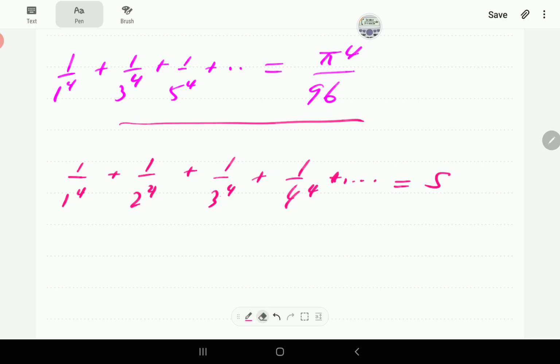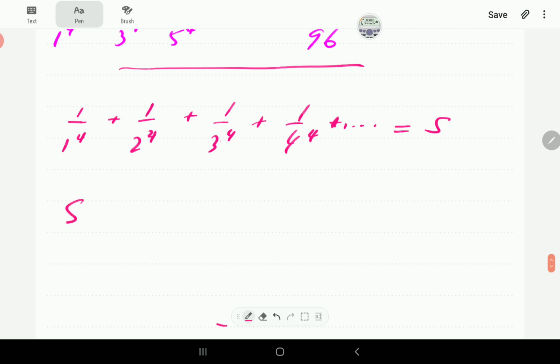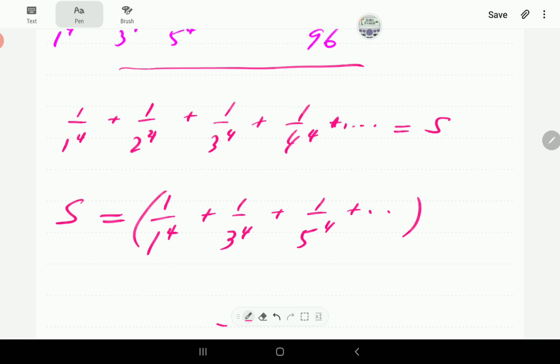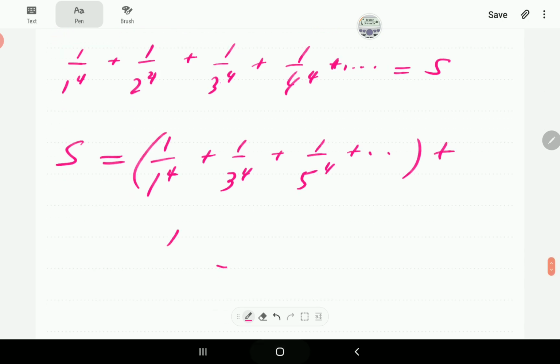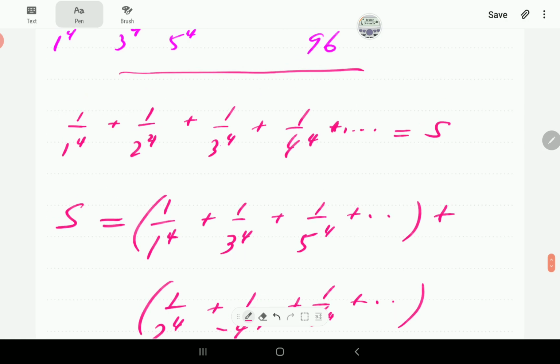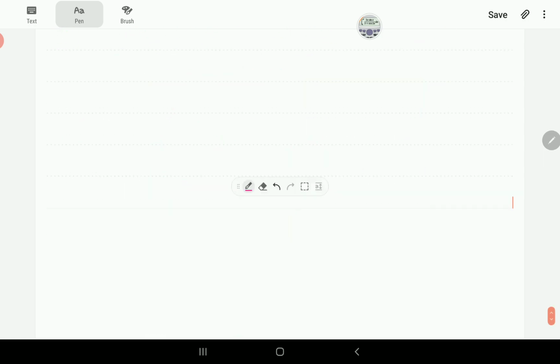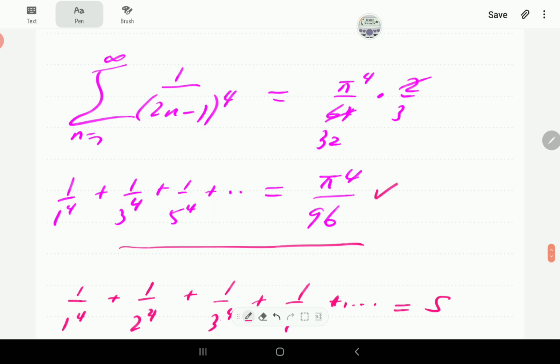I'm going to split S into 2. So I'm going to have the odd powers, or the powers of the odd integers, 1, 3, 5, okay, separate. I'm going to have the even integers, 1 over 2 to the power 4, 4 to the power 4, 6 to the power 4, etc. Well, this one we have is this one here.